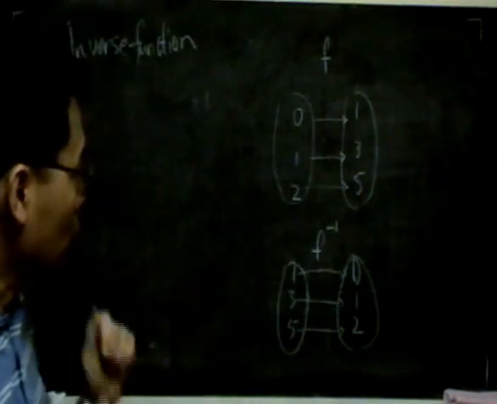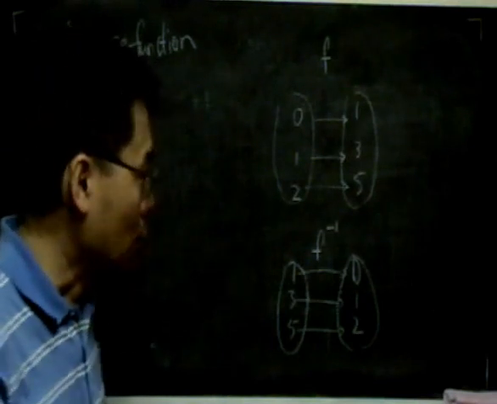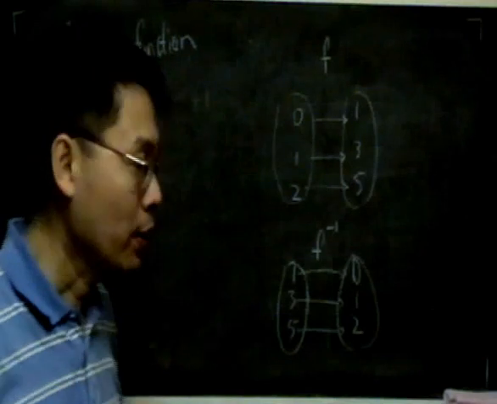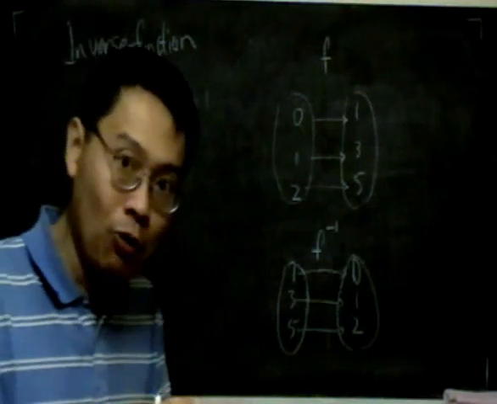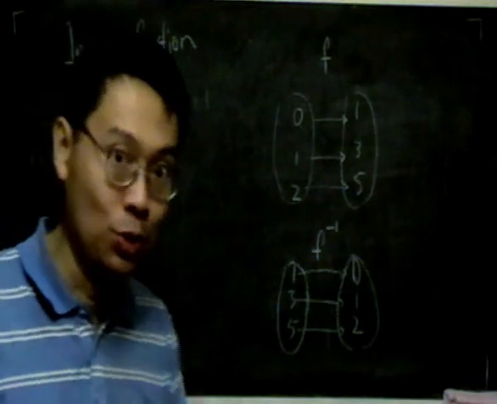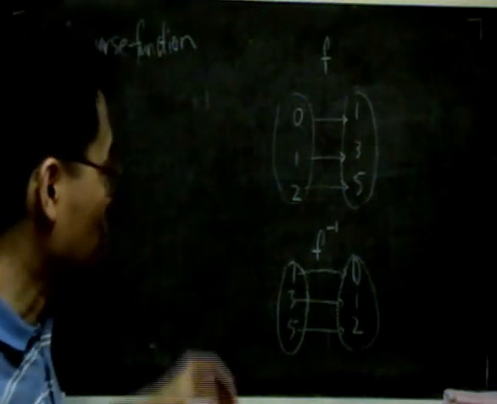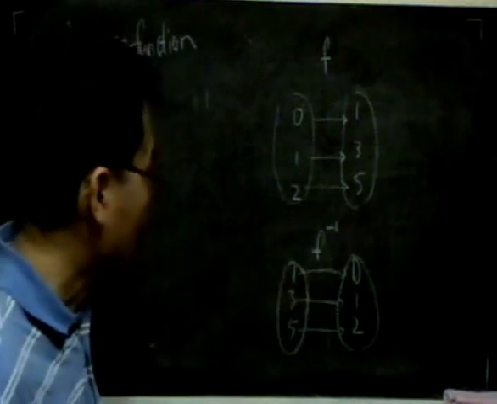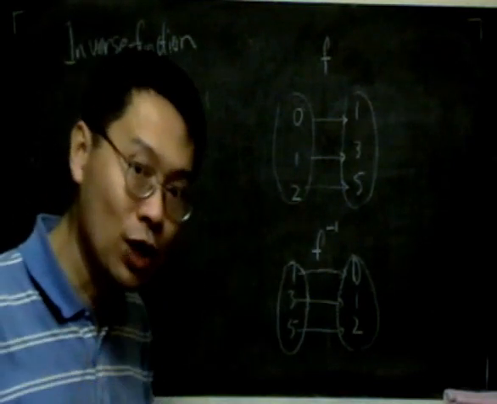But here is what we have to be careful about. The -1 here does not mean to the power of. If you have x to the power of -1, that's actually 1 over x. That's also called the inverse of x, unfortunately. But in this case, f to the power of -1 really means the inverse function.